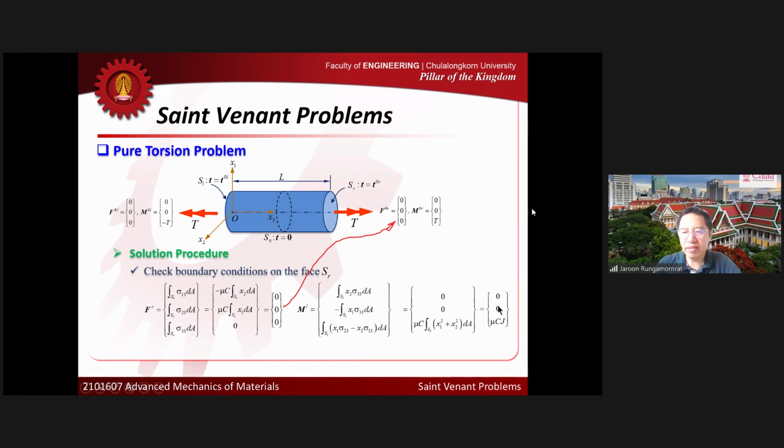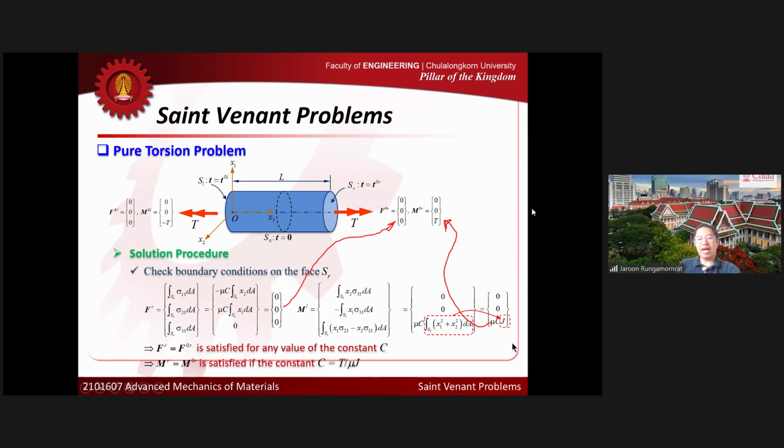But the bending moments, M1 and M2, disappear. So I have only M3 that equals mu Cj. I need to check that this one is exactly the same as that one. So it depends on the value of C again. From this case, we end up with this kind of conclusion.